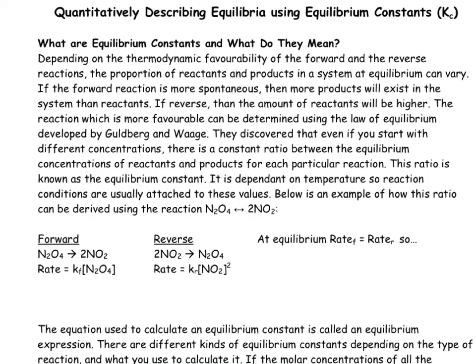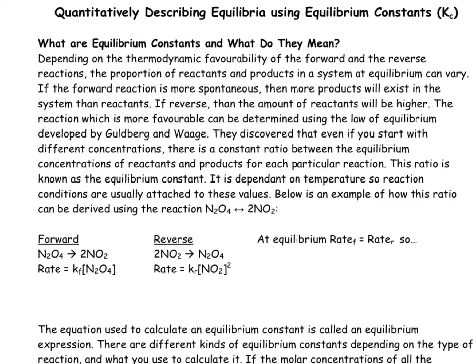Depending on the thermodynamic favorability of the forward and the reverse reactions, the proportion of reactants and products in a system at equilibrium can vary. If the forward reaction is more spontaneous, then more products will exist in the system than reactants. If reverse, then the amount of reactants will be higher.